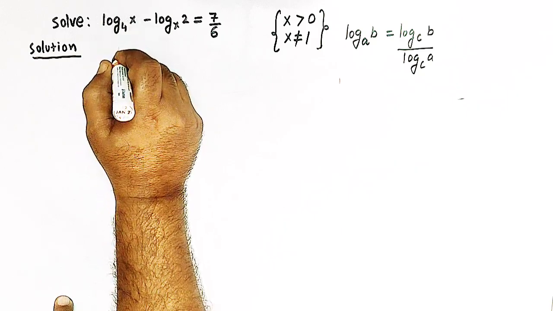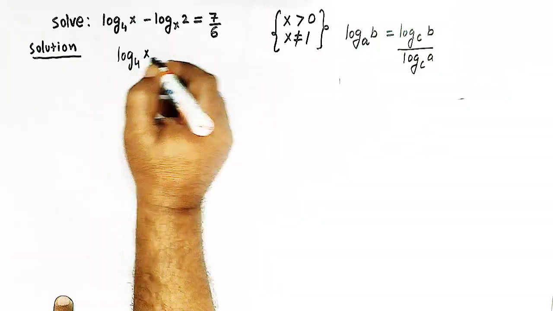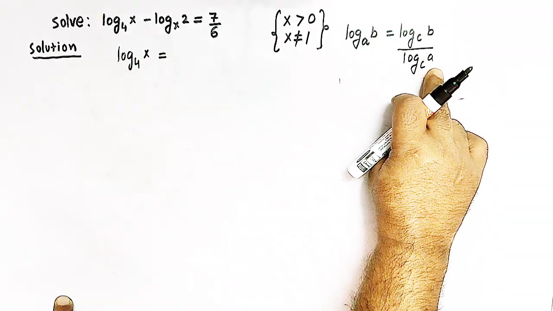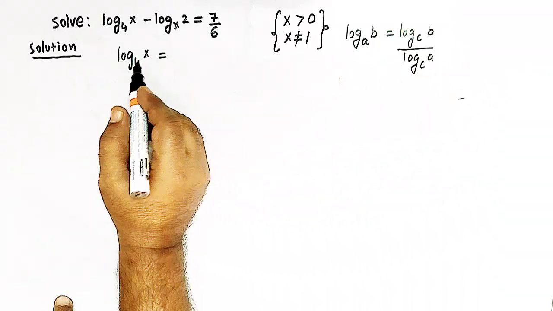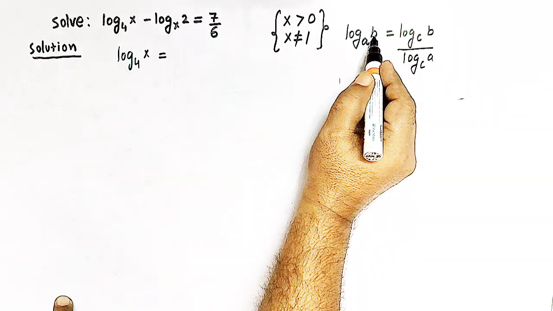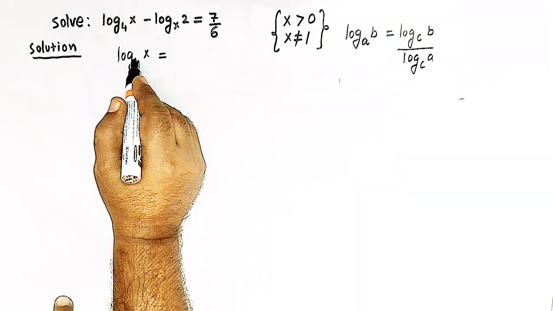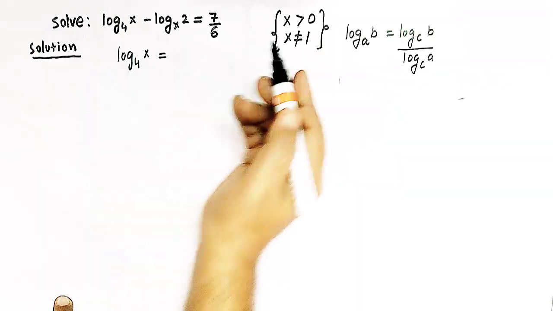So this term, that is logarithm of x to the base 4, can be written with the help of this result. So here the value of a is 4, the value of b is x, right? So let us change the base from 4 to x.